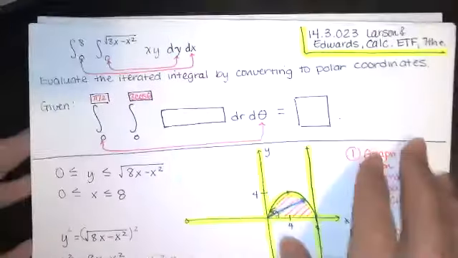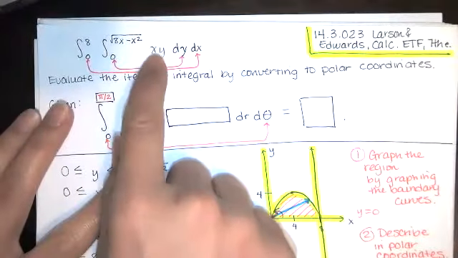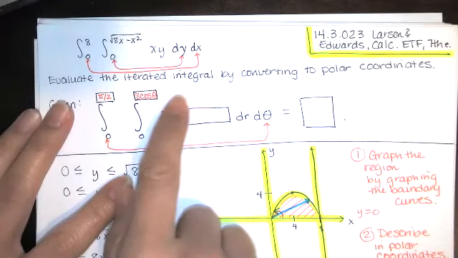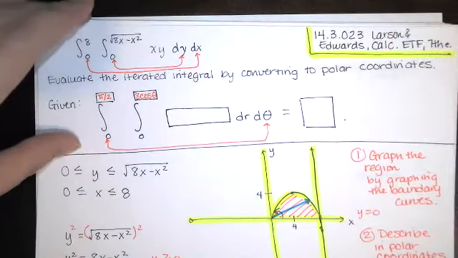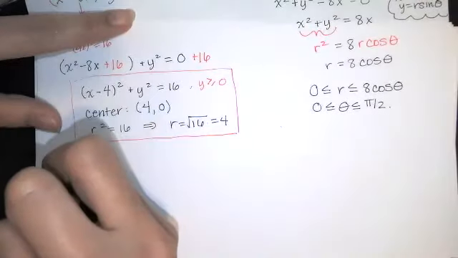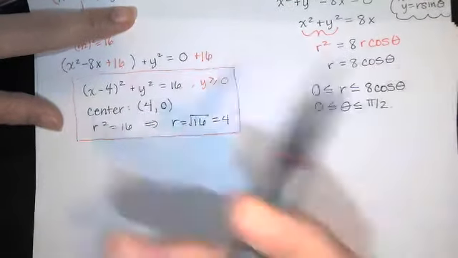Okay, the next thing we need is an integrand. So we need to convert this xy into an appropriate function of r and theta. And basically the way we do that is we just use this again. So we need the new integrand.